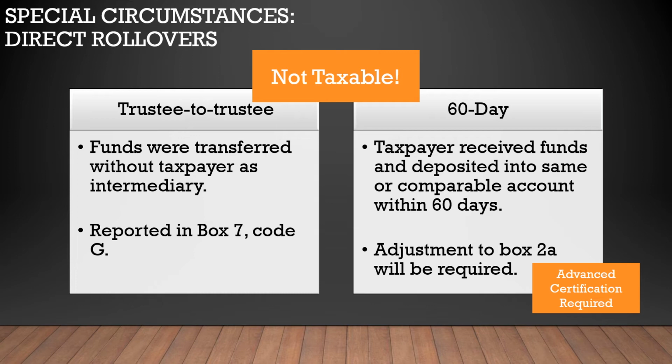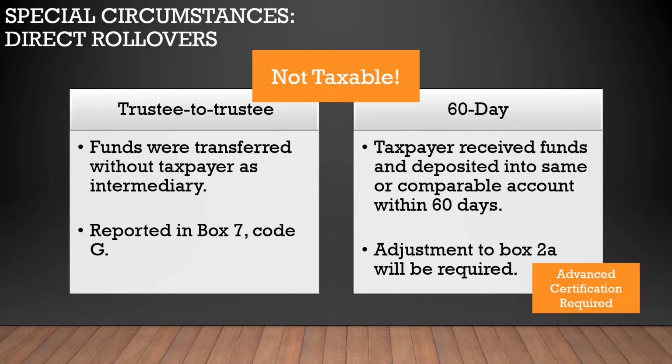A couple of types of these direct rollovers: you have the trustee to trustee, which we talked about is code G in box 7. Again, the funds were transferred, the one trustee made the check out directly to the new trustee, and so our taxpayer never received these funds. They just went directly from one place to the other.